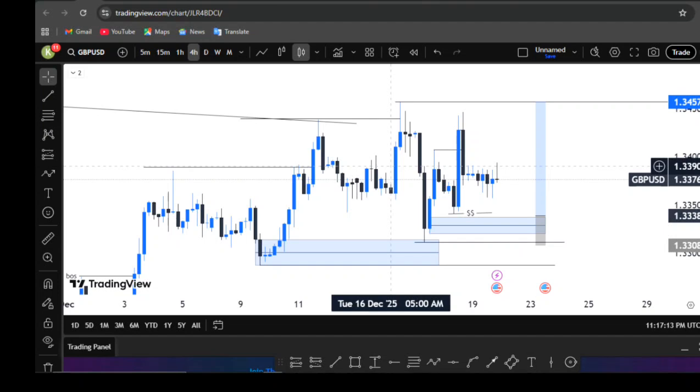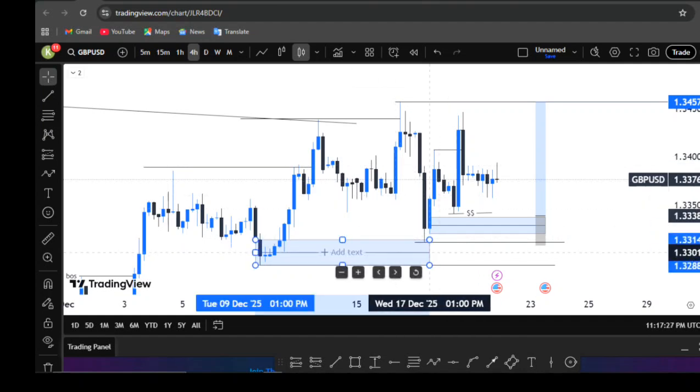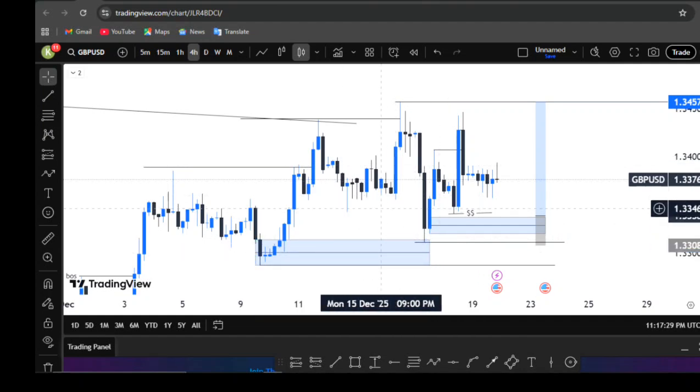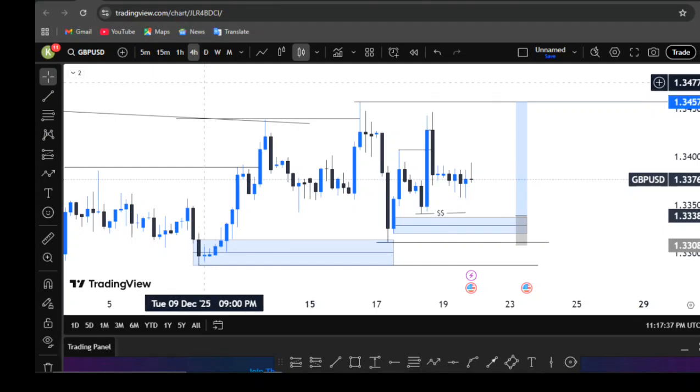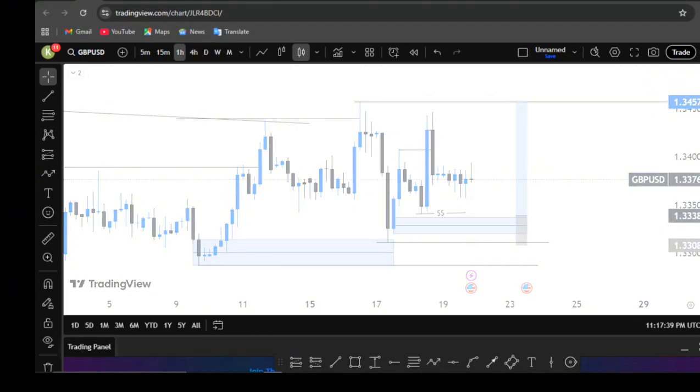Instead, the market swept. And remember, once the market sweeps the high or the low, most times we expect a reversal. That's why you see, after sweeping, we got more sales back to the zone that I had refined. But this doesn't mean that we are bearish. No, still we are bullish.